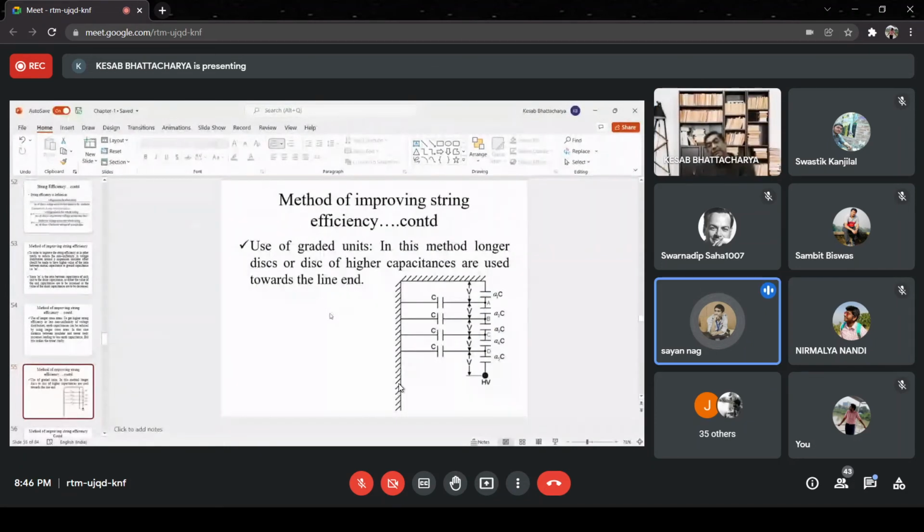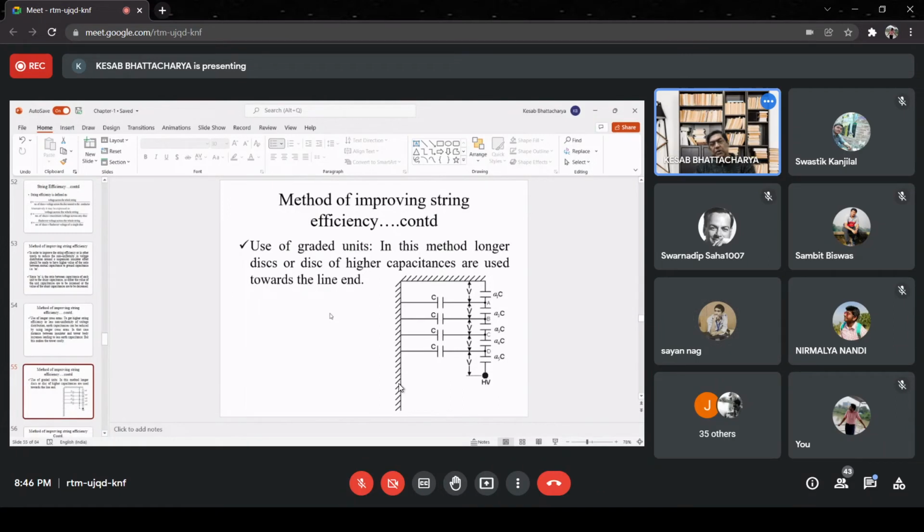Because voltage is higher there, so to make the voltages equal. It's basically I into XC, isn't it? Yes. So if C is higher, and XC is equal to 1 by omega C, then XC will be less, isn't it? Yes, sir.